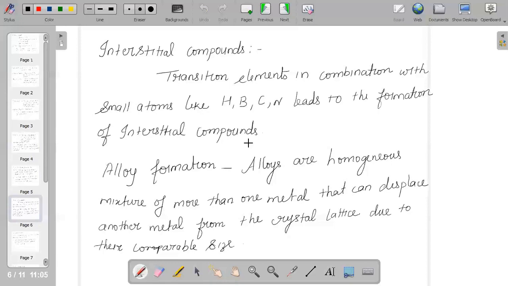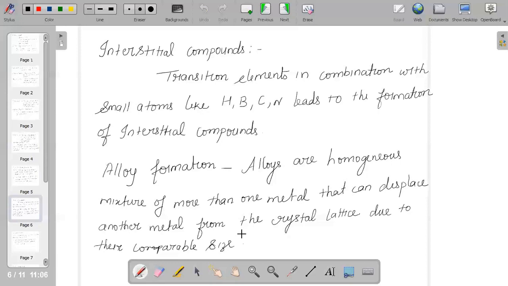Also, the d block elements are helpful in the formation of alloys. We all know that alloys are homogeneous mixtures of more than one metal, where one metal can displace another from the crystal lattice because of their comparable size, and that leads to the formation of an alloy.